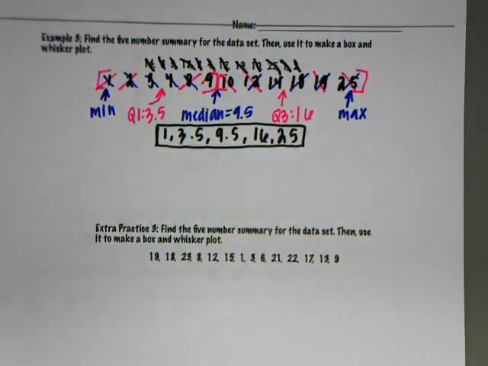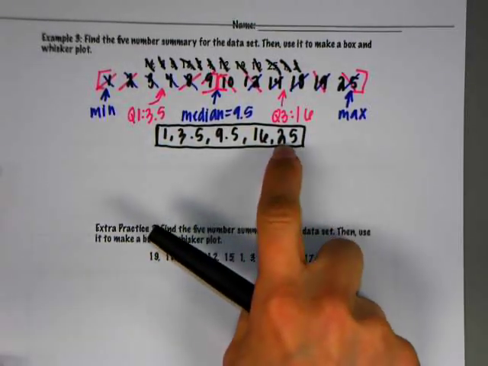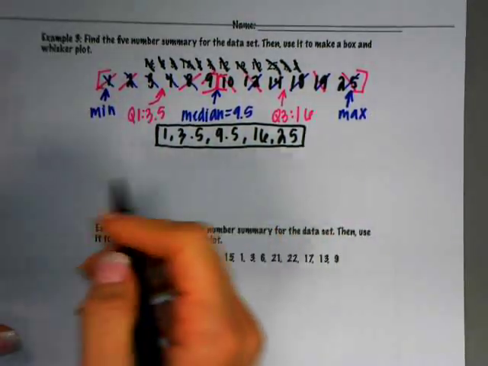And then we have to make our box plot. So what you're going to do to start to make that is you're going to make a number line. This does have to be detailed. I usually go in increments of 5. So if that's like a 23, then still go to 25 on your number line. And I usually start with 0.